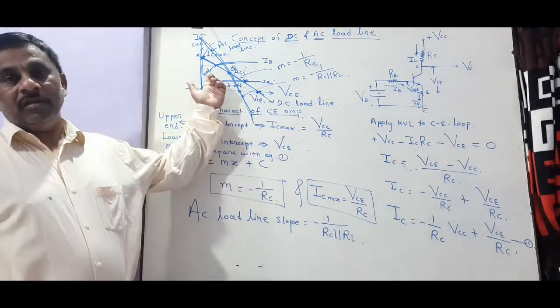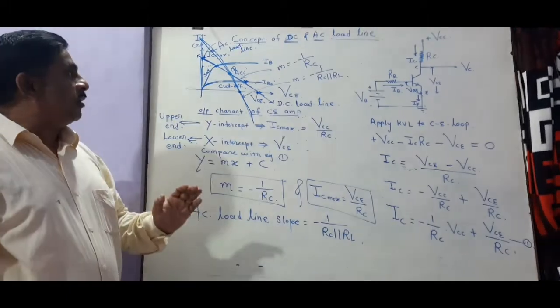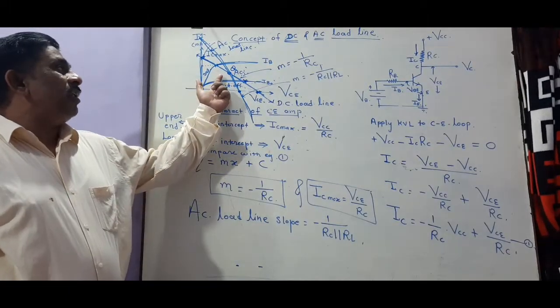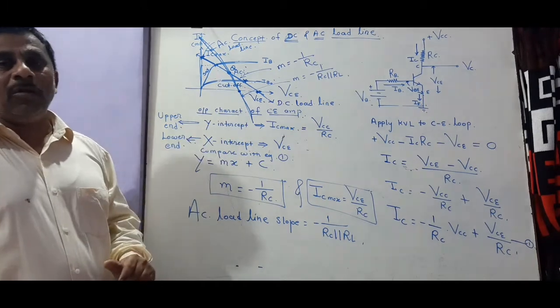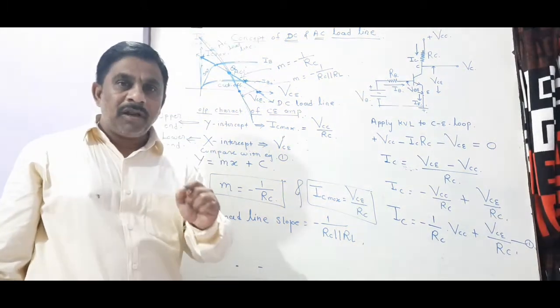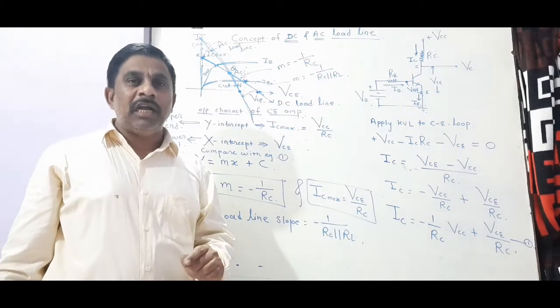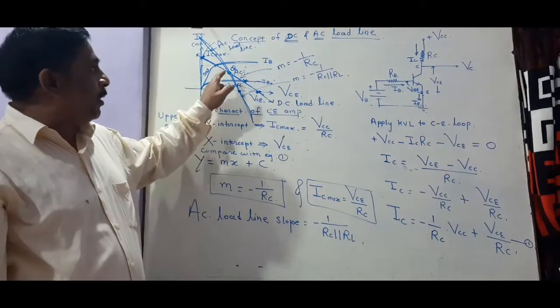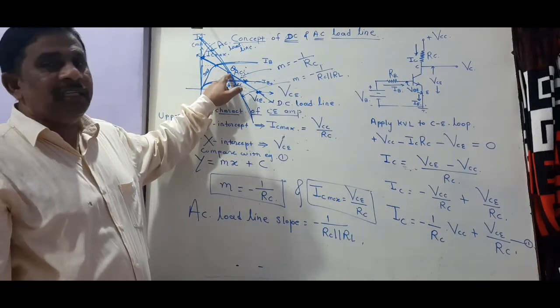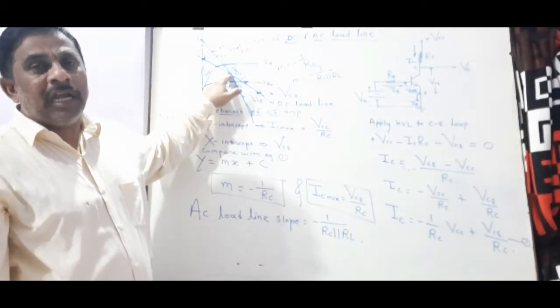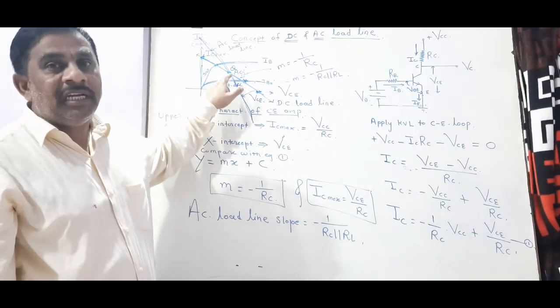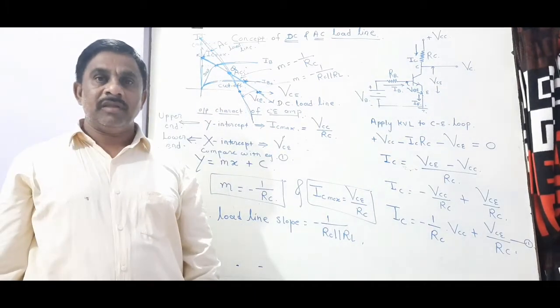Now next is the Q point at the center of the DC load line. For faithful amplification, it is desired that the operating point Q on the DC load line must be at the center of the DC load line.